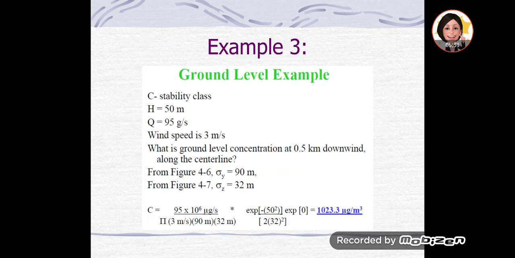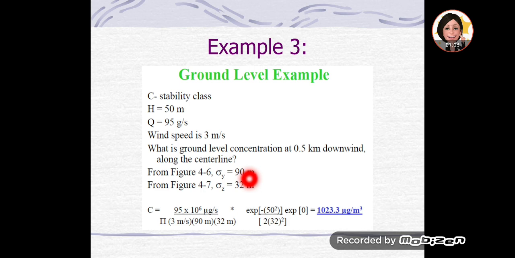This is the third example. Given is stability class C. You have a height, a flow rate, and wind speed. What is the ground level concentration at 0.5 kilometer, that means 500 meters downwind along the center line? They have also given the sigma y and sigma z for us. So how do we calculate?